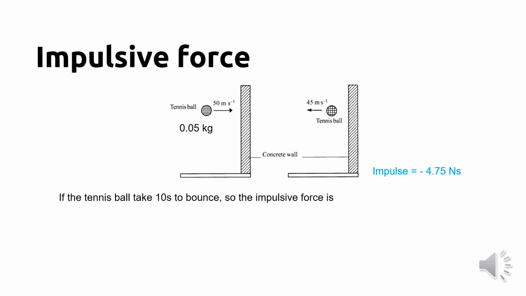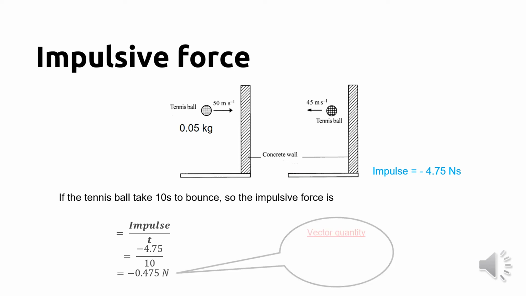If the tennis ball takes 10 seconds to bounce, the impulsive force is, using the formula impulse divided by t, negative 0.475 Newton.